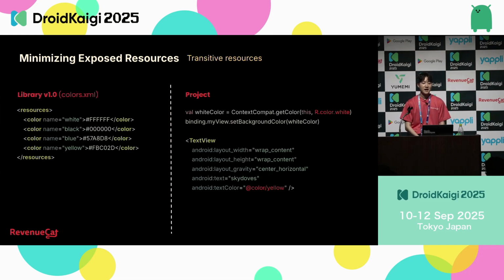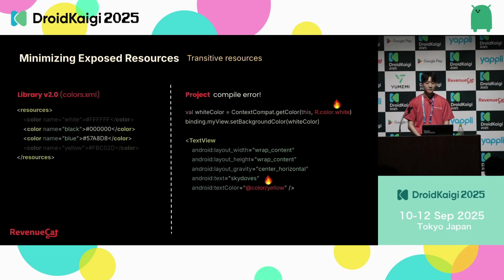So let's imagine your library version 1.0 contains a set of colors with very general names, such as blue, white, and yellow. And the library user uses those resources in their project. And if you remove some of those colors in the next release of your library, the library users must be very confused because they will face a resource not found error.